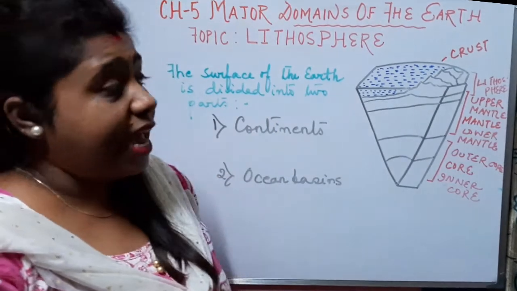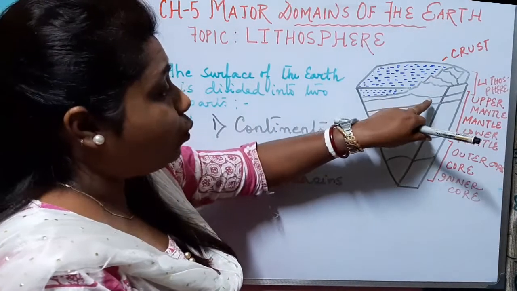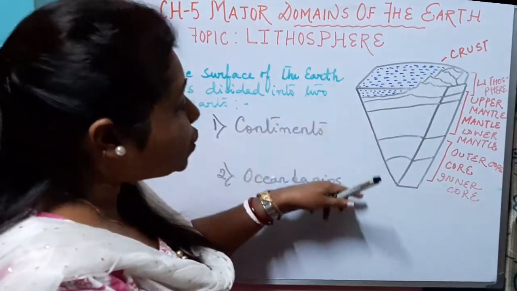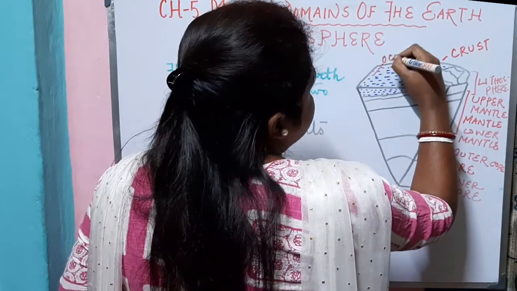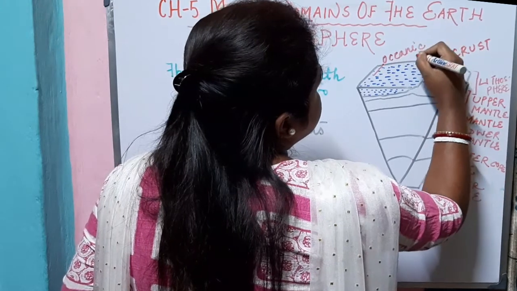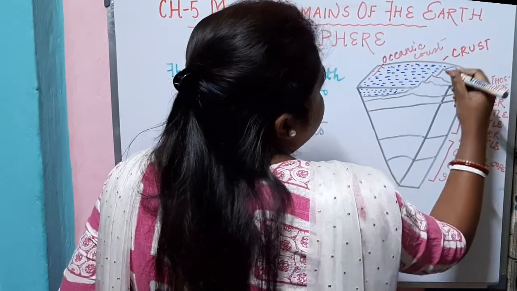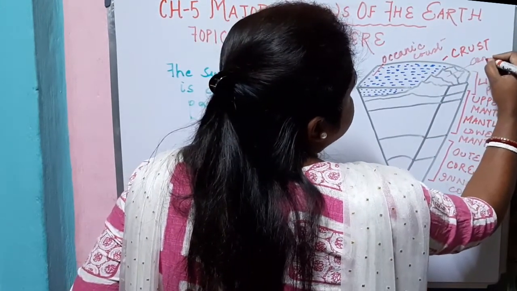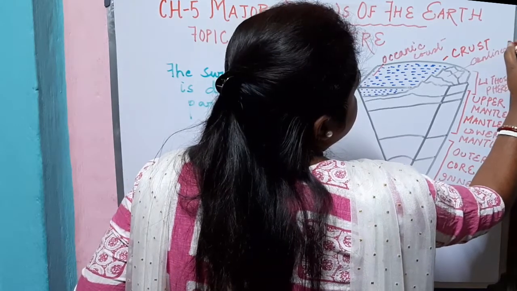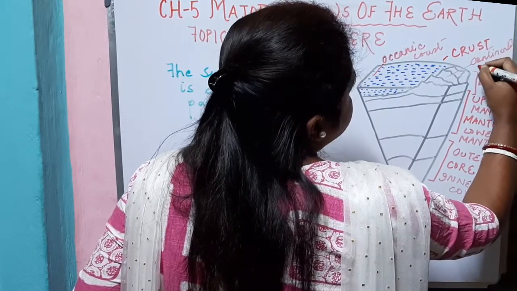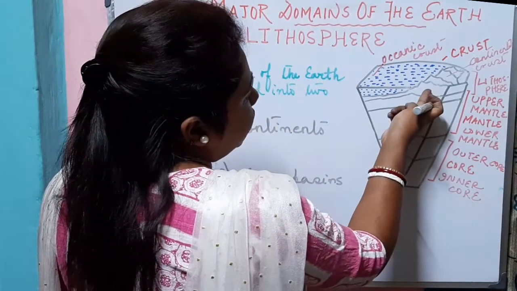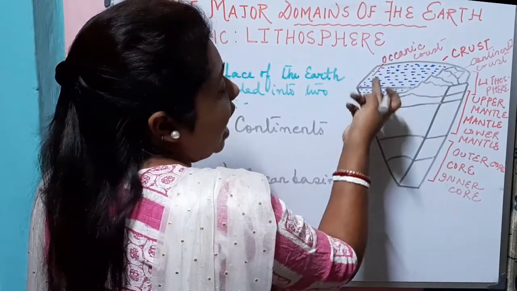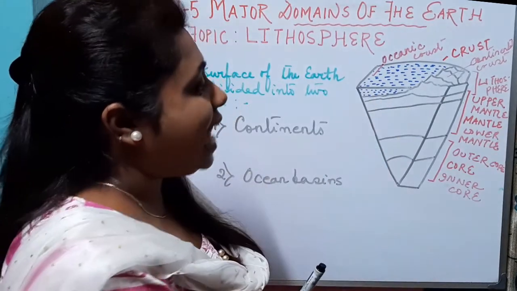So we can say that land is found under the oceans and also under the ocean basins. This is referred to as the oceanic crust, and this is referred to as the continental crust, into which the crust is divided. So under the continent also we will get land, and under the ocean also we get land, right?